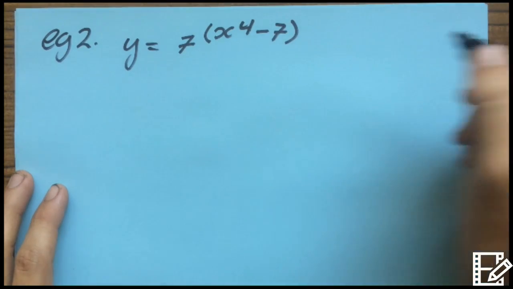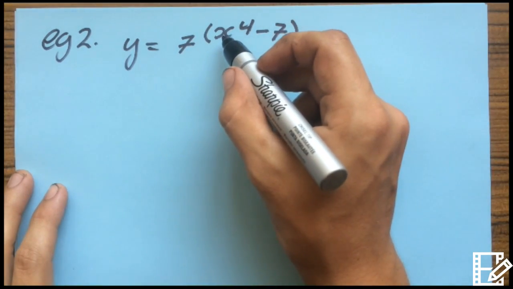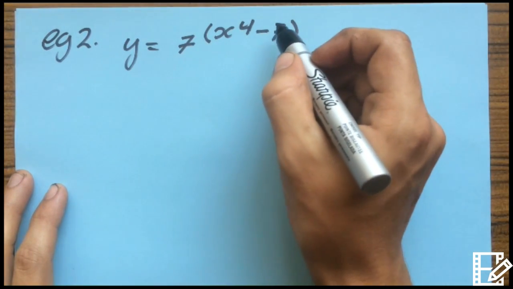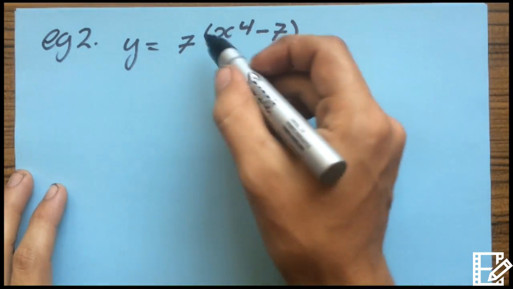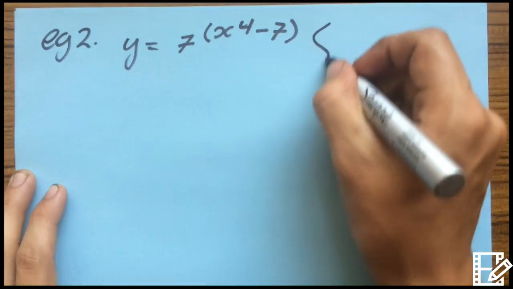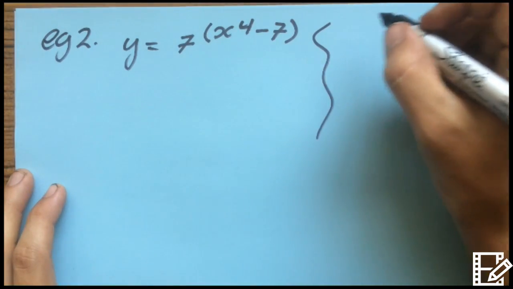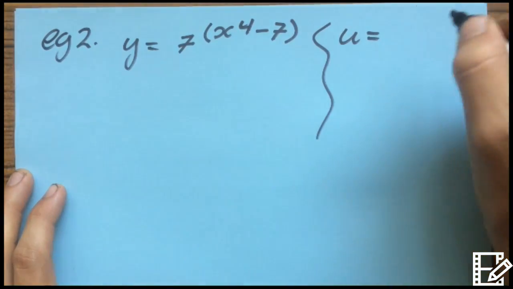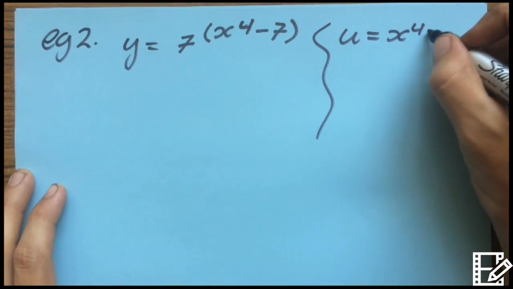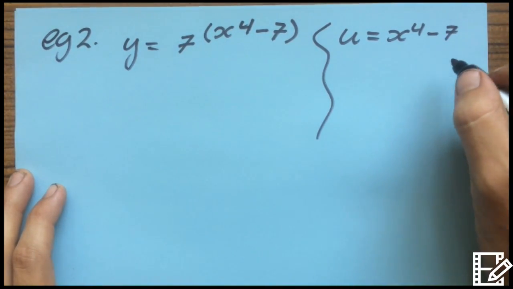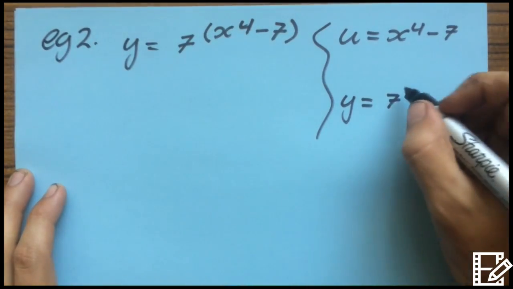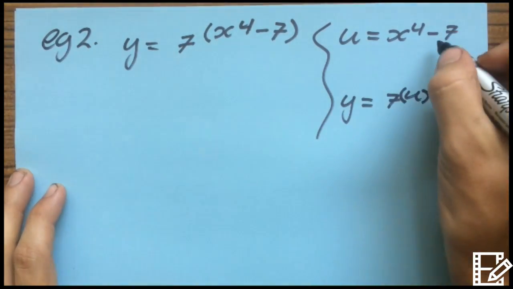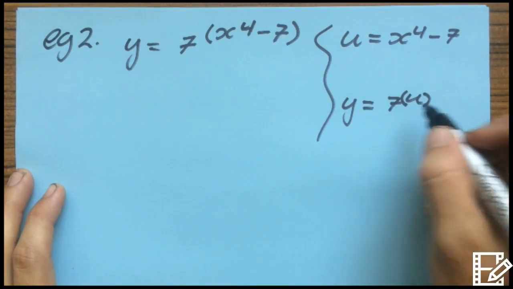So, you have a function, x to the power of 4 minus 7 within another function, and that would be 7 to the power of the unknown. So, we'll label u as x to the power of 4, take 7, and then we'll label y 7 to the power of u. So we have a function u within the function y.